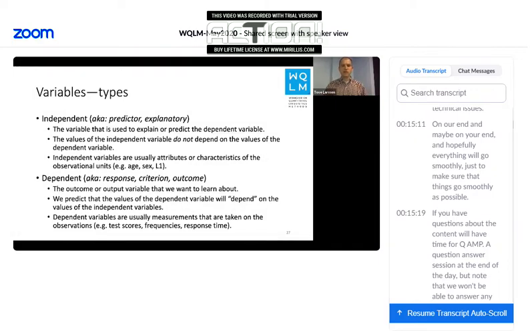And these are measurements taken on the observational units. And these measurements could be test scores, word frequency, or response times.